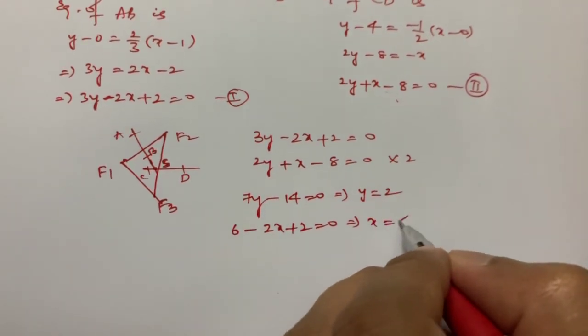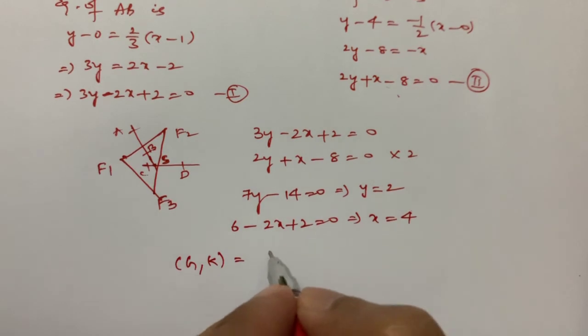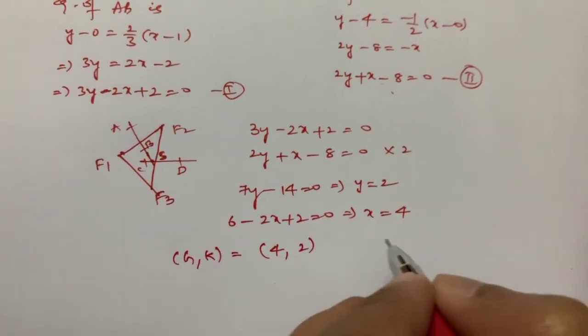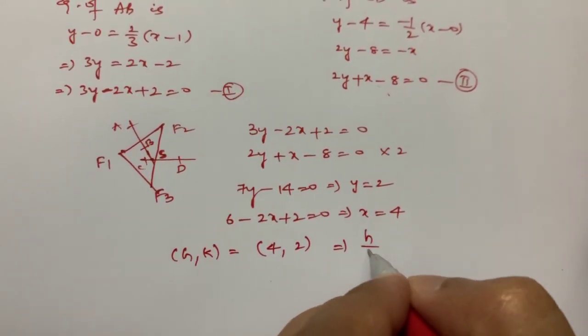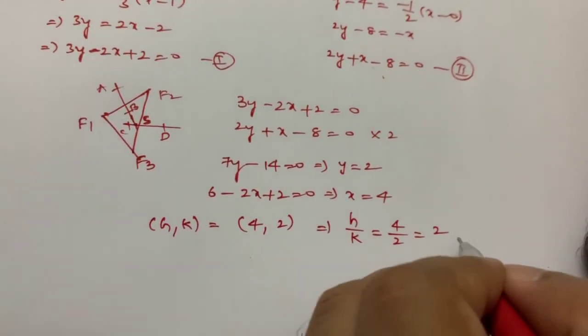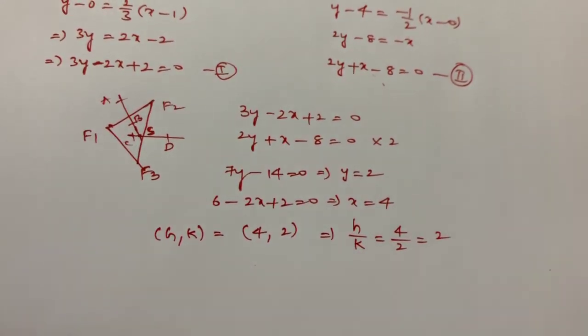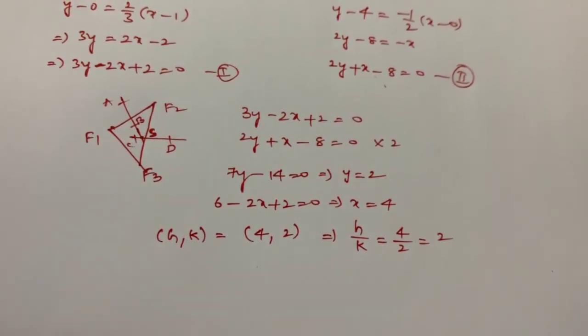So x is equal to 4. So (h, k) is the circumcenter, so (4, 2). We have to find the value of h by k. So 4 by 2, that is 2. So what we are doing, we are using the concept of perpendicular bisector of two lines.